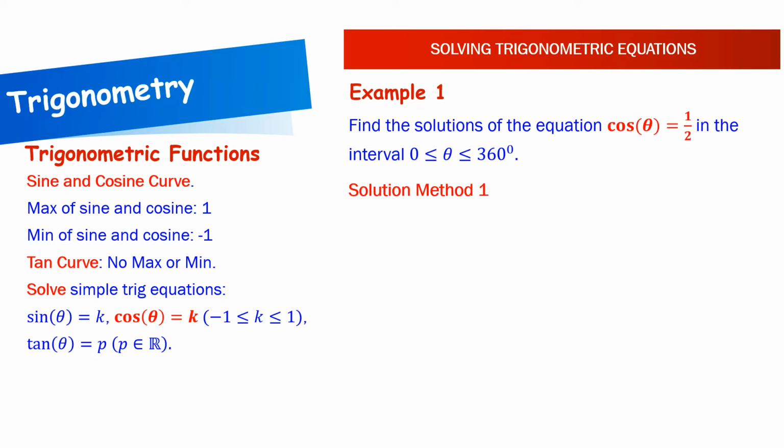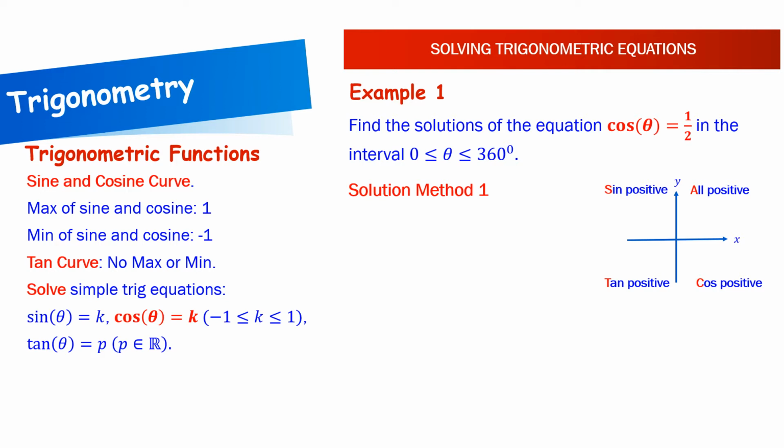So let's solve this using one solution method. We are required to find the solutions of the equation cos theta equals 1/2 in the interval 0 less than or equal to theta less than or equal to 360 degrees. Recall the cast diagram. In the first quadrant, sine, cos, and tan are all positive.